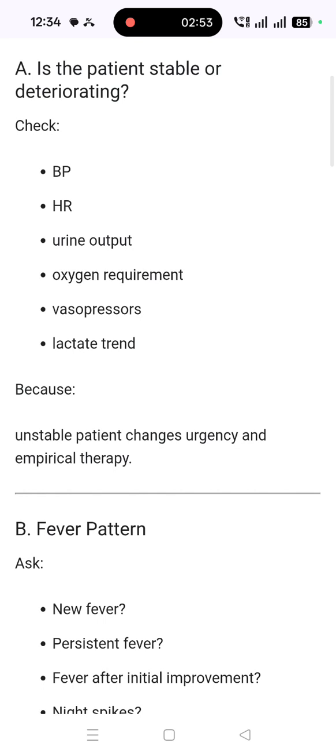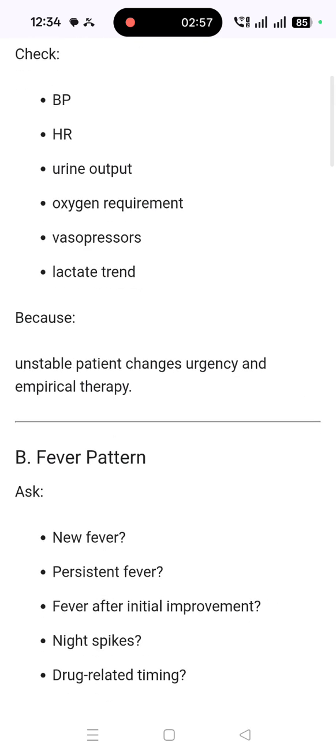All this you have to check, and you know why: because an unstable patient changes urgency and empirical therapy. So you have to change it if the patient is not improving. If he is deteriorating, then the first duty, if you are on pre-round, is that either you ask your senior or you look for it and change it.